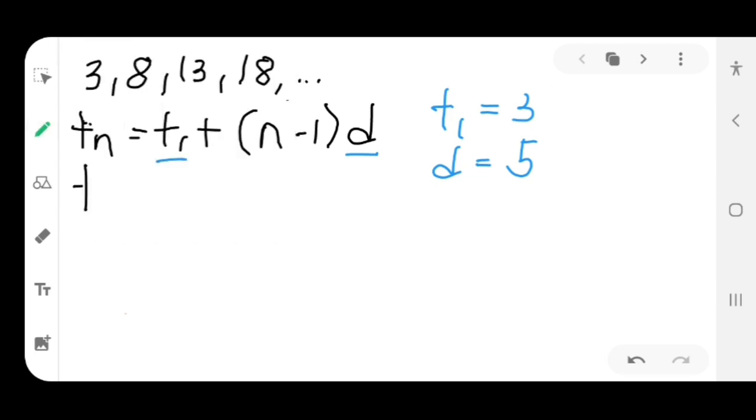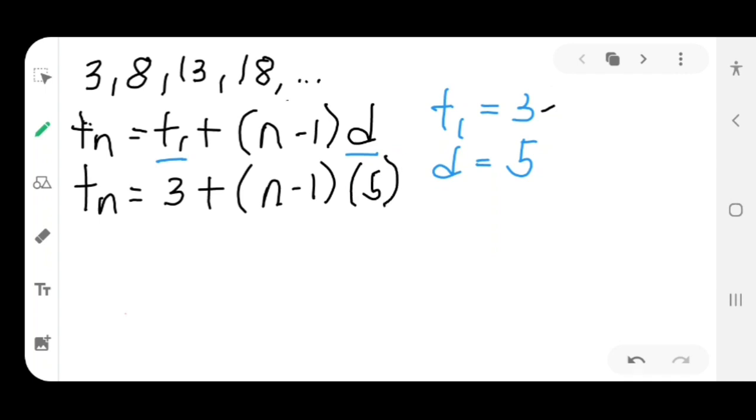After that, we are going to substitute the values. So t sub n is equal to, instead of writing t sub 1, we are going to write 3 plus the quantity of n minus 1 times, instead of writing d, we are going to write 5. Then we are going to perform the operations by following GEMDAS.